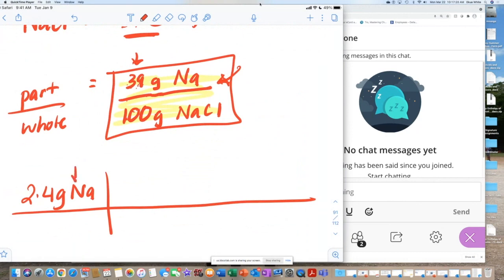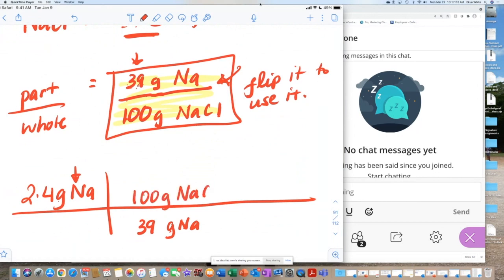The unit and symbol up here must match the unit and symbol down on the bottom diagonally. So if I have grams of sodium, I have to have grams of sodium down here. I can't use it in this form. I have to flip it to use it according to the rules of this bracket. So when I flip it, my grams of sodium end up on the bottom, and so does 39. Then 100 grams of sodium chloride ends up on top.